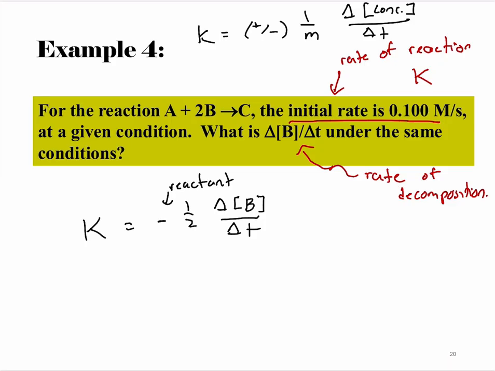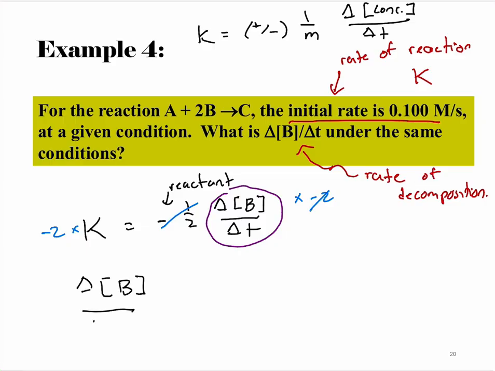So let's just solve for this algebraically, and we plug in the numbers at the end. We just need to solve for this entire quantity. So we multiply both sides by what? Times negative 2. The 2 cancels out here, and I'm just flipping the sides, so delta B over delta T is equal to minus 2 times K, where that's the rate of our reaction.